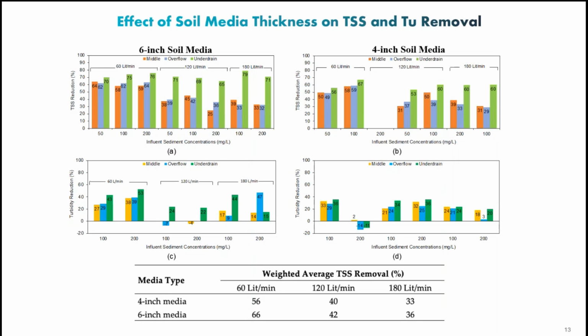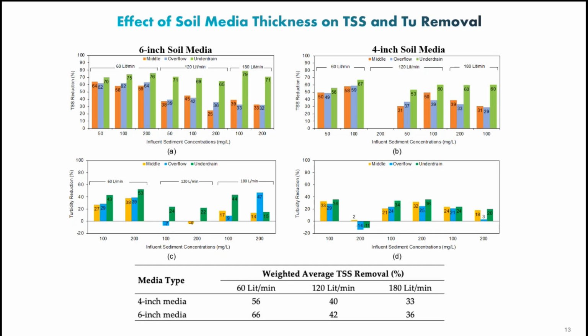So with 4-inch, if you have 60 liters per minute, the reduction of the turbidity was 56%. At 120, there's a reduction in the efficiency to 40, and then when you push the flow to high, 180, you get even smaller performance. When you go with the 6 inches, obviously there is an improvement in TSS removal from 56 to 66.